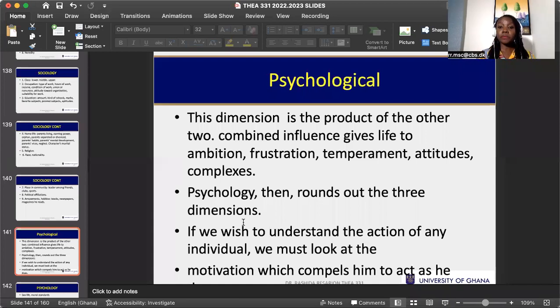And so when you see people behaving in a certain way, you should always look at it as a combination of their physicality or physiology and sociology.